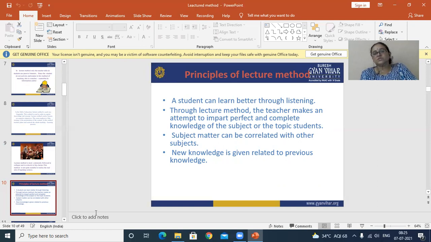New knowledge is given related to previous knowledge. These are the four principles of lecture method.